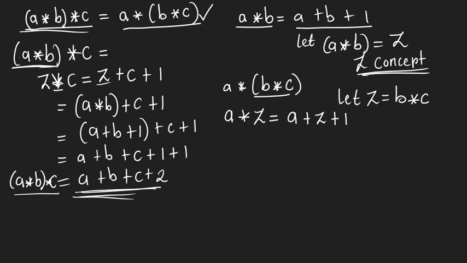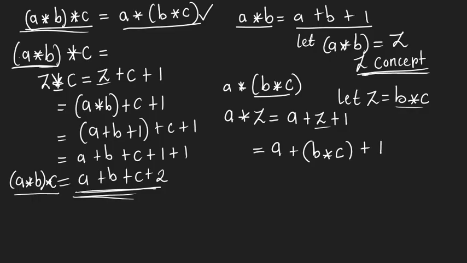Okay? Then this is just the same as A plus, where there is Z, I can put my operation there, which is going to be B star C, then plus 1.